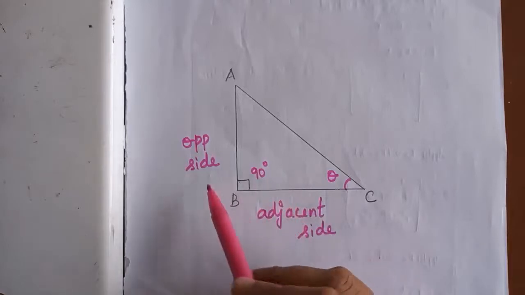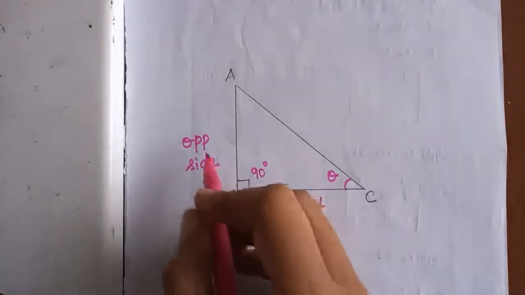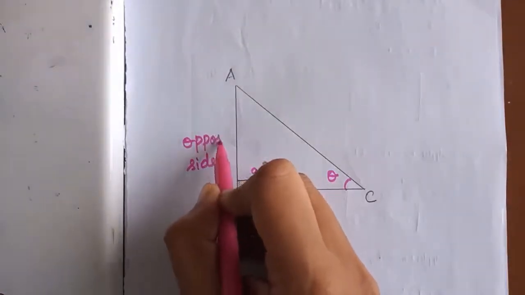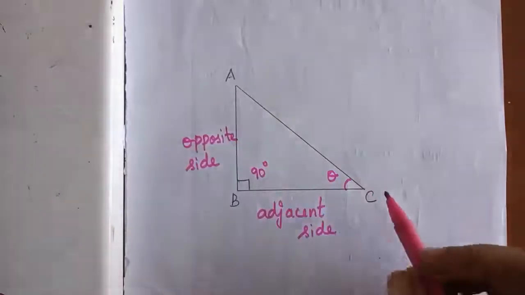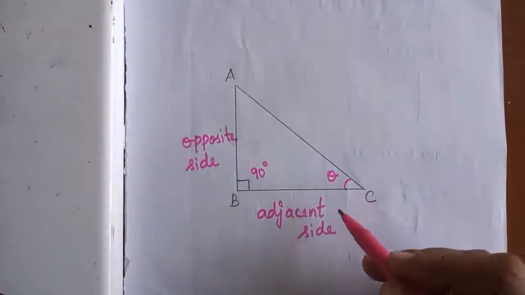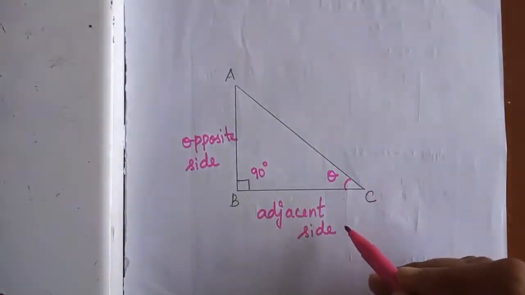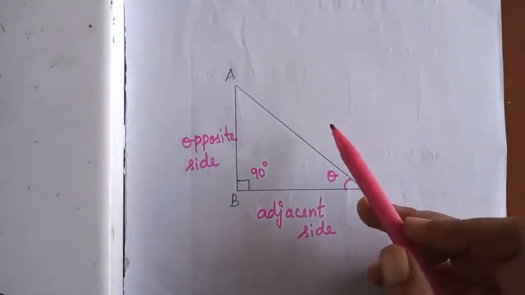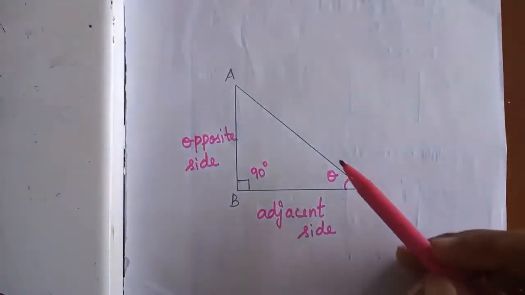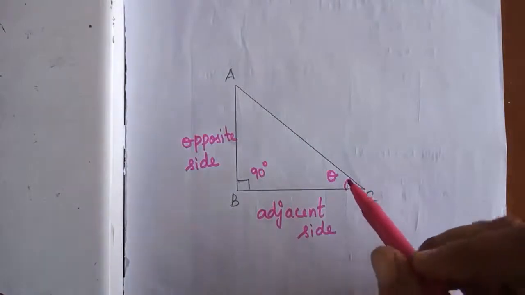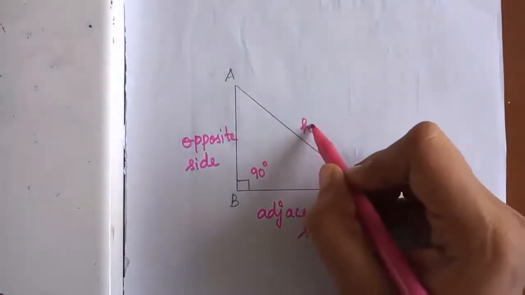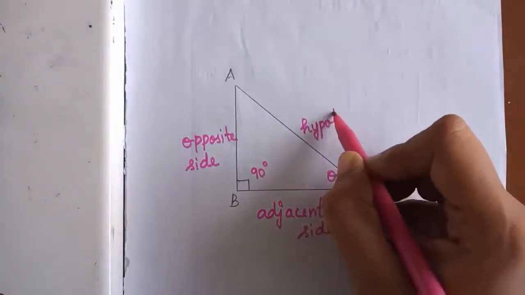The remaining side AC is the longest. This is the hypotenuse of the triangle.